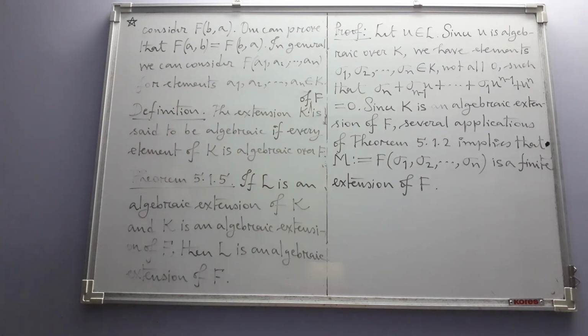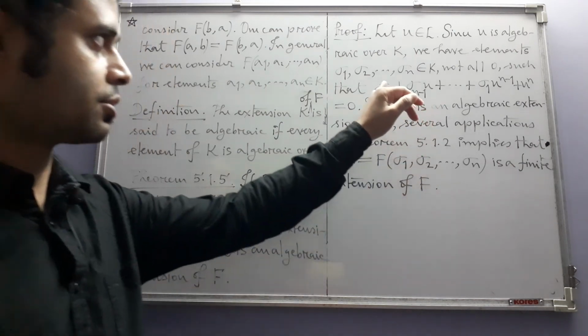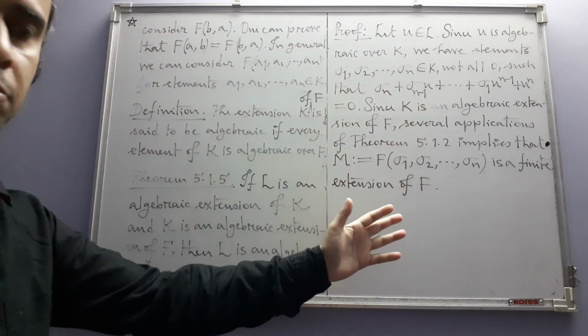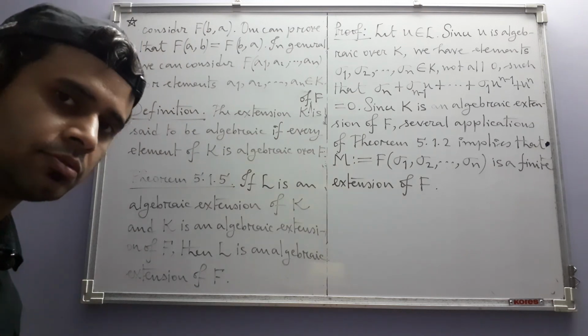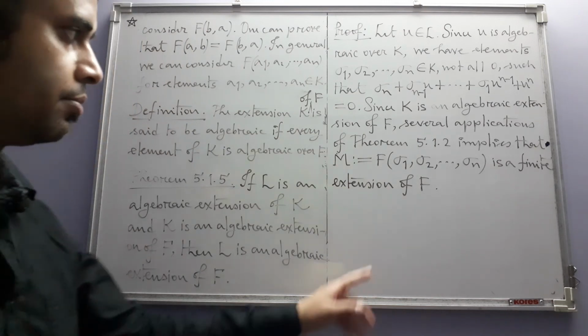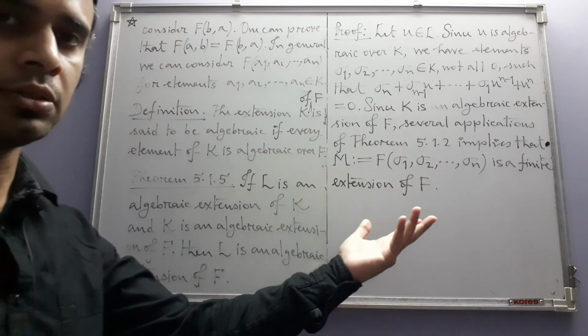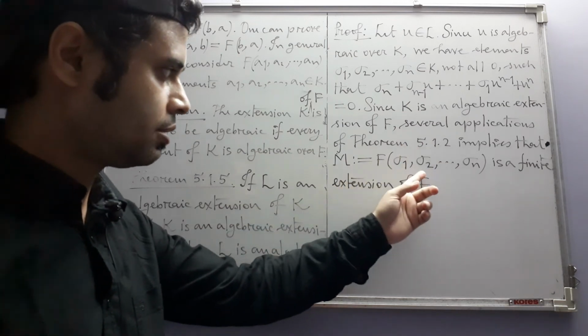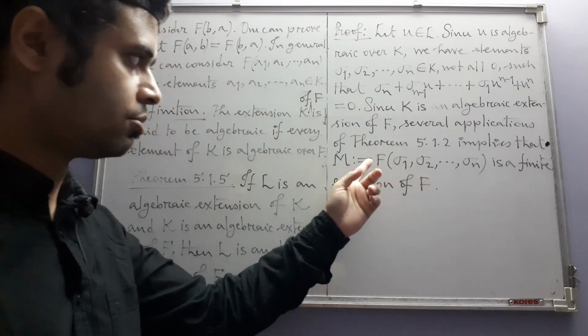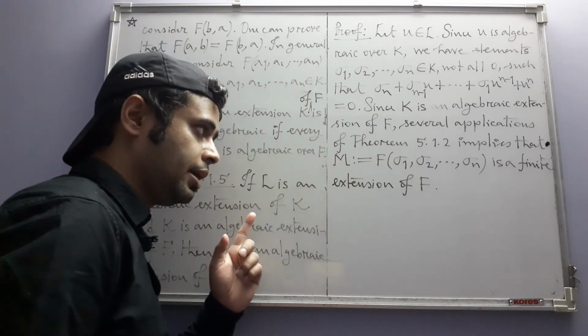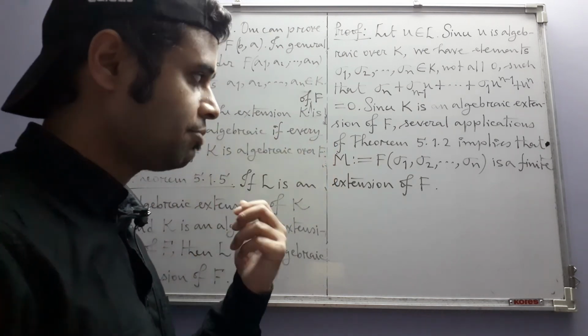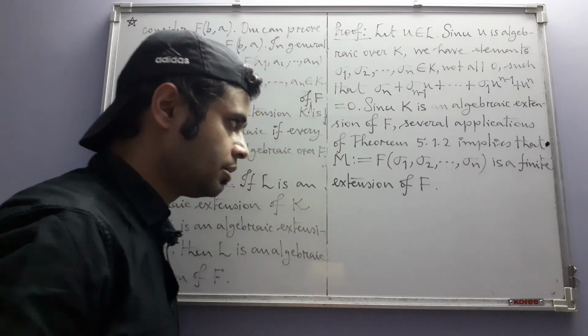So first of all, since sigma 1 belongs to K, so sigma 1 is algebraic over F, so you adjoin sigma 1 to F, you get a finite extension. Then sigma 2 is also algebraic over F, so you adjoin sigma 2, but you cannot adjoin sigma 2 to F, but to F(sigma 1).